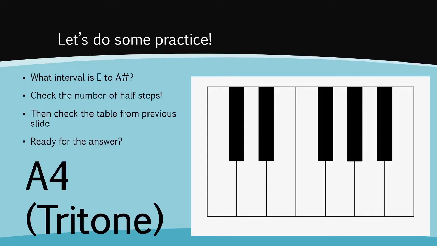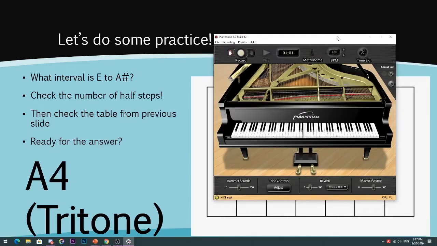Or you can just call it a tritone, because that is what it is. Tritone means these 2 notes are 3 whole steps away. E to F sharp, that's a whole step. F sharp to G sharp is a whole step. G sharp to A sharp is also a whole step. That's our tritone. Awesome.